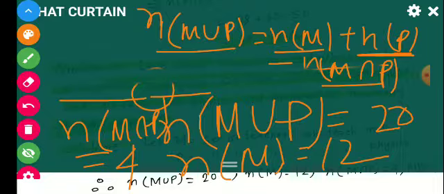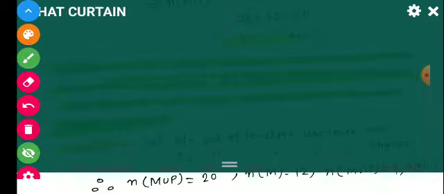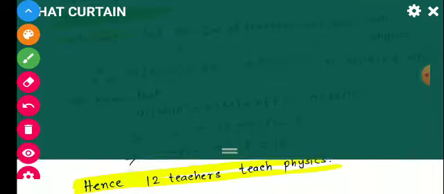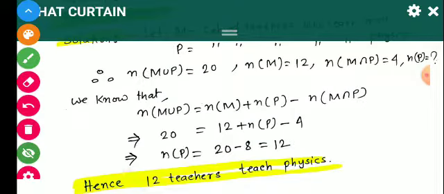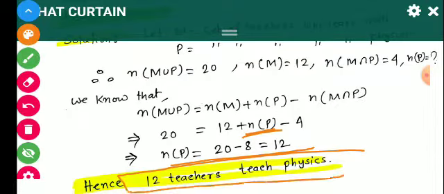By putting all this information in the equation, we find the value of n of P, that means the number of physics teachers. So here we got the number of physics teachers is 12.